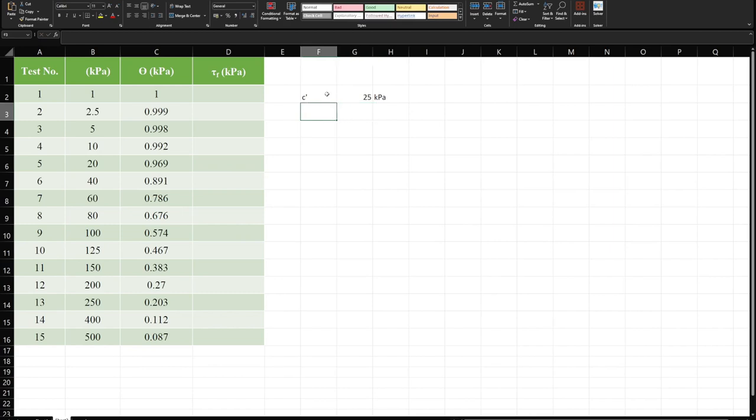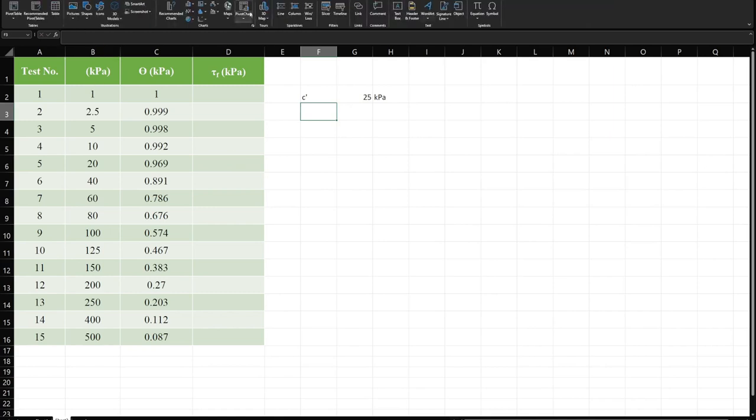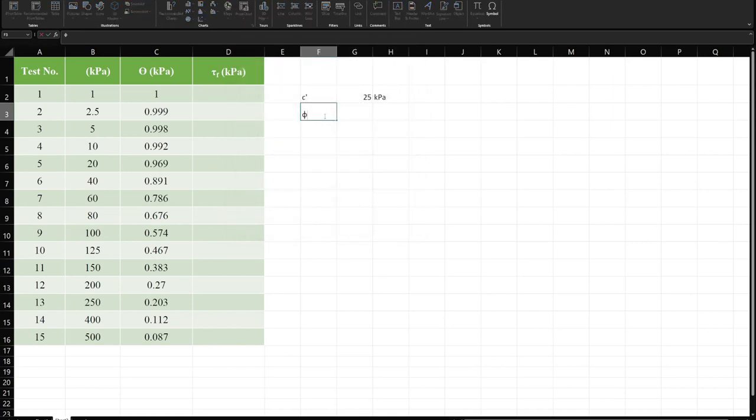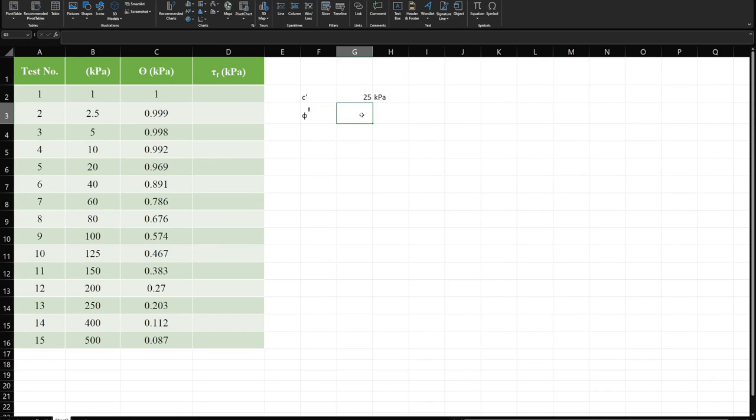Then we have been given the value of phi dash, so let's write phi dash is given as 20 degrees. Let's convert it to radian so that there is no problem later on.